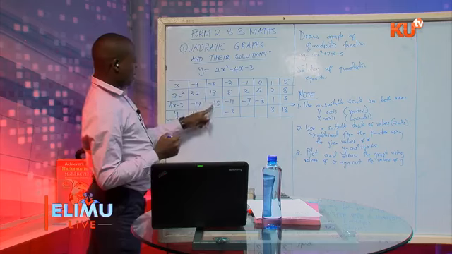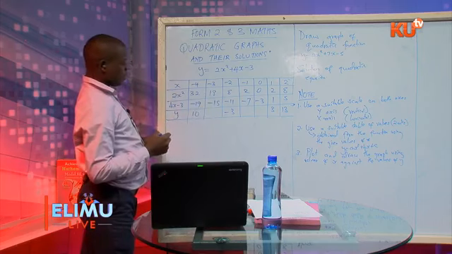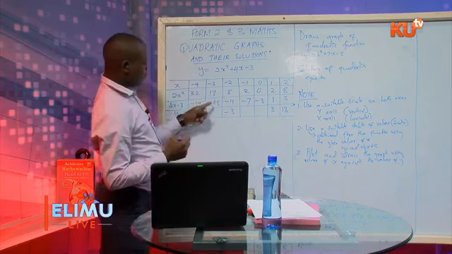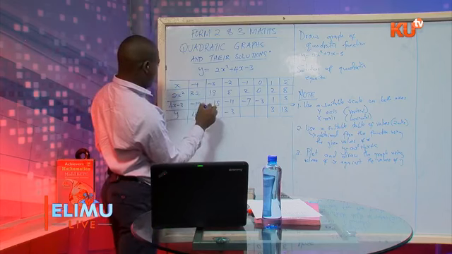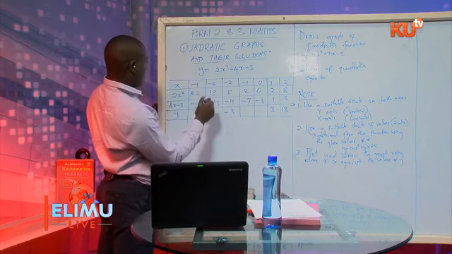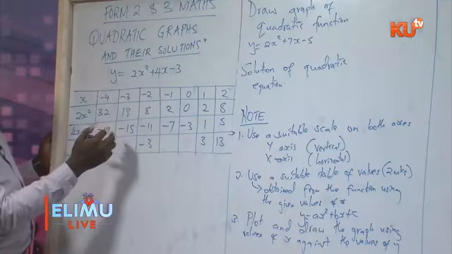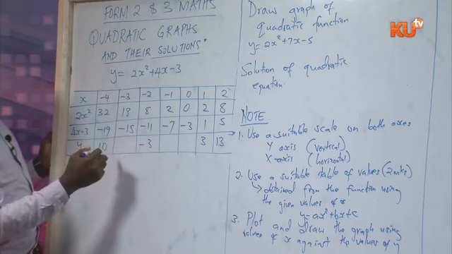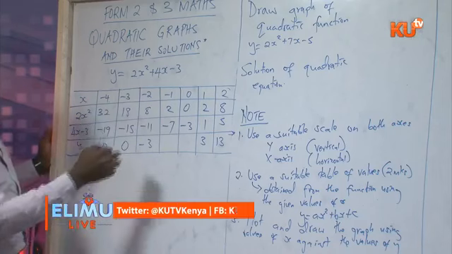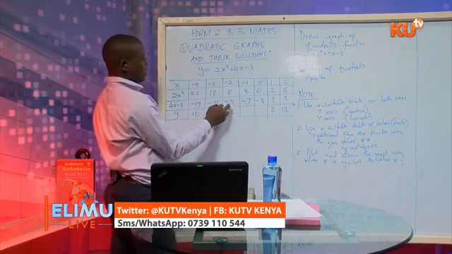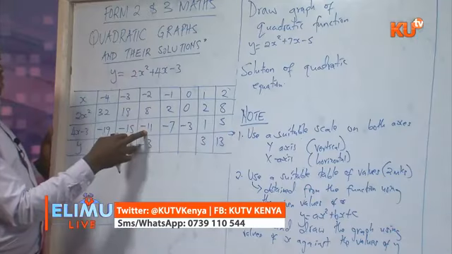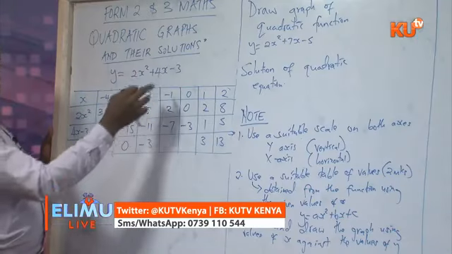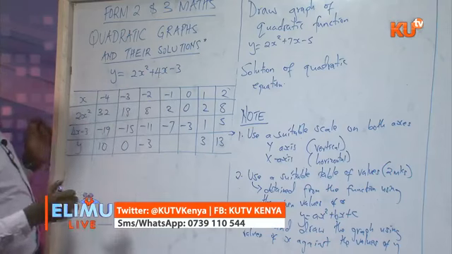We have 18 minus 15, that gives us 3. Then 18 minus 3, then minus 3, that gives us 0. 8 minus 11, that is minus 3. Then minus 3 again.